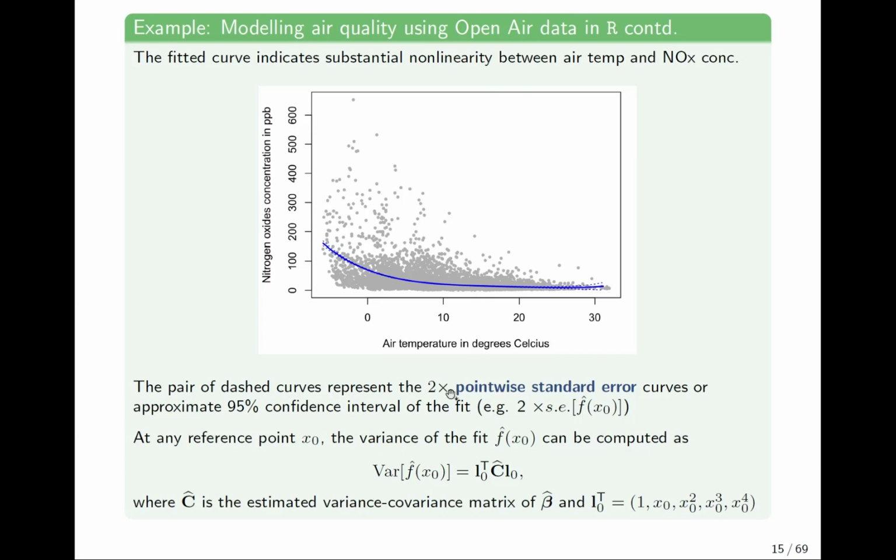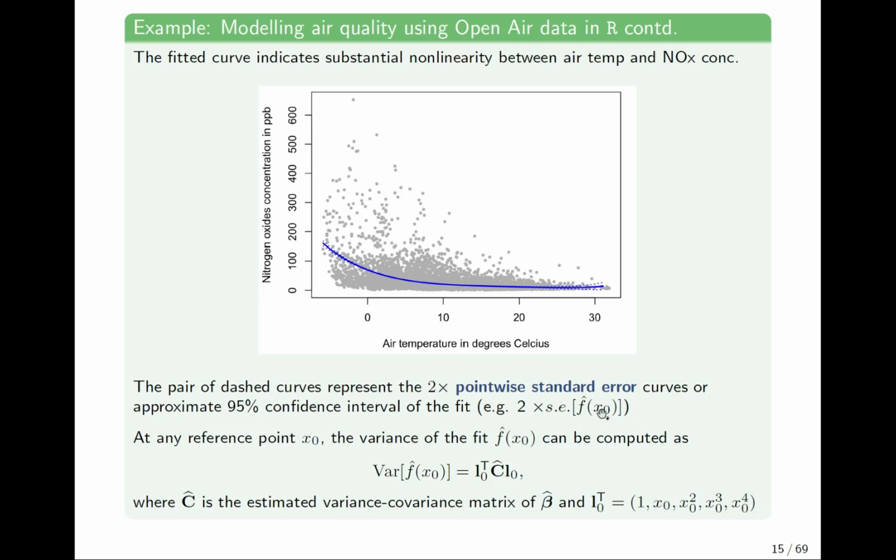And as you've seen from the R code, we've simply calculated them as 2 times the pointwise standard error curves, which gives us an approximate 95% confidence interval of the fit. There's some detail here you can look at as to why and how that works. But what I need you to know is that the main curve is solid, and to get the pointwise standard error curves, or the 95% confidence interval, we just take 2 times the standard error of the fit at each point.